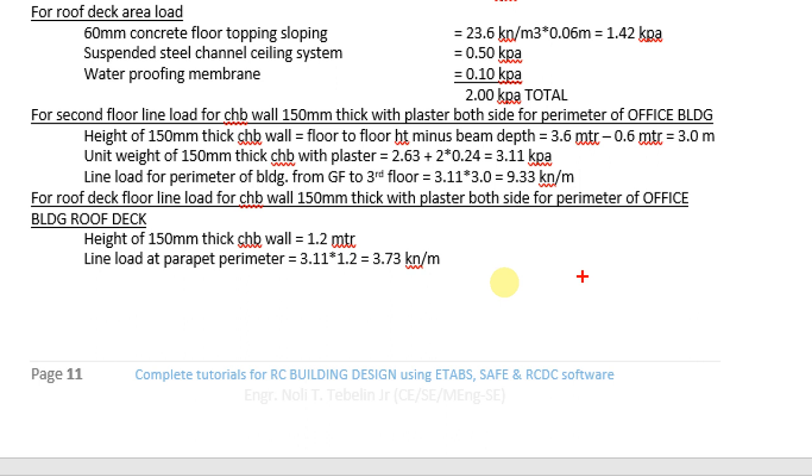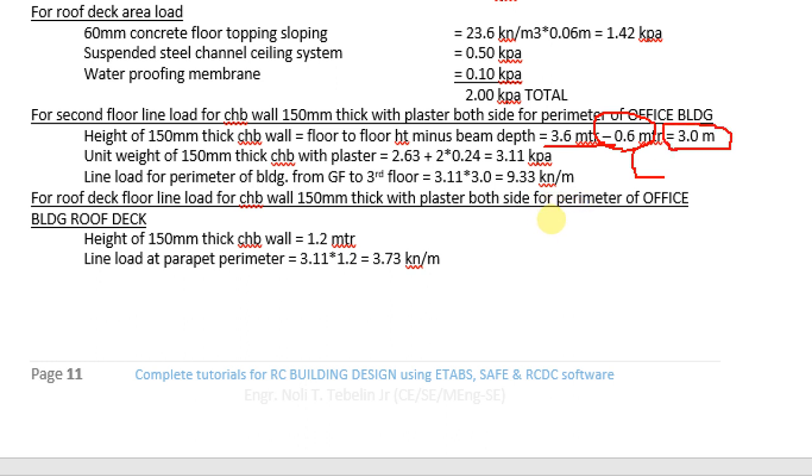Then, I have beams of 0.45 depth, assuming. Calculations ko dito, nakalagay lang is 0.6. So, just deduct the beam depth. So, 3.6 minus 0.6 equals 3 meter yung height ng CHB.